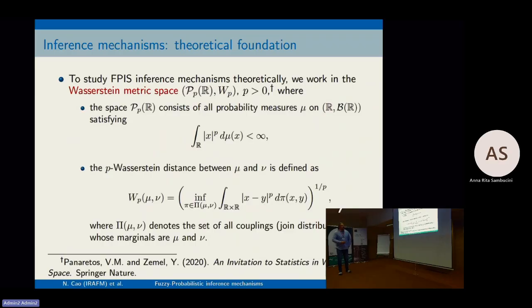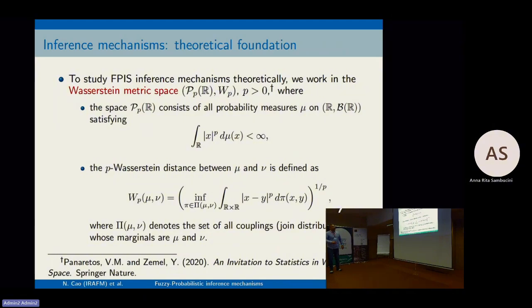And the Wasserstein distance between two probability measures is defined using an integral, with an infimum over all joint distributions whose marginals are the probabilities mu and nu. This is called a coupling, and we are looking at some transport between the two probabilities, mu and nu, that joins them. But if we forget one, we get the other one. So these are marginals.